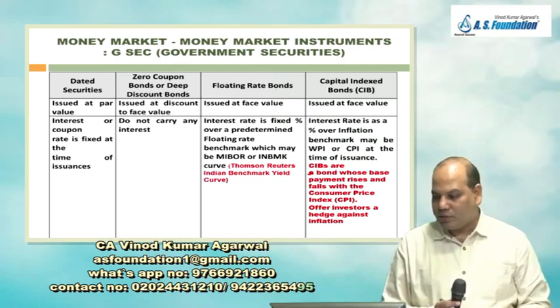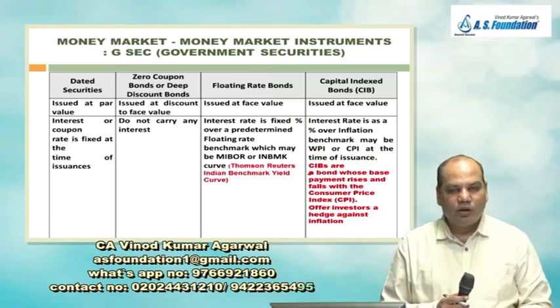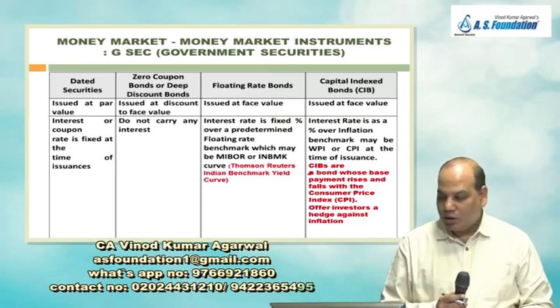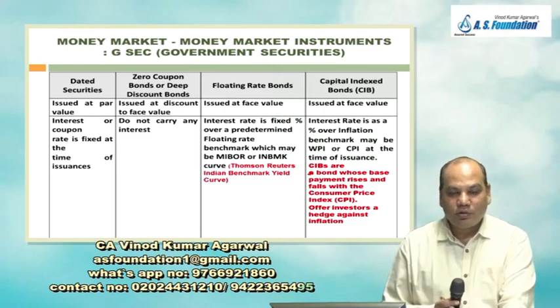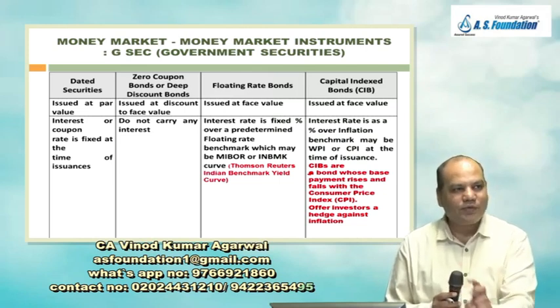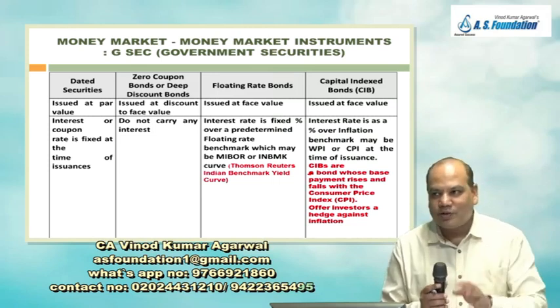So basically what happens, India is a country with high inflation. Interest rate is very low, inflation rate is very high. If you earn 6% return on a bond where the inflation is 8%, you are not earning anything in real sense. You are losing the purchasing power of your money. You will not be able to buy the same basket of goods and services after 1 year if you earn 6% on your investment and the inflation is 8%.